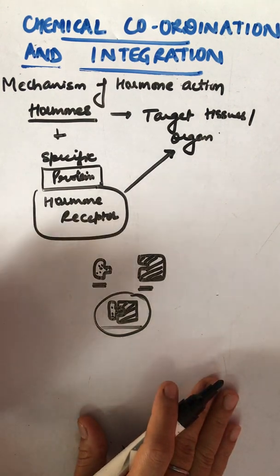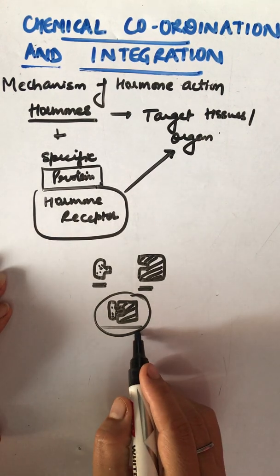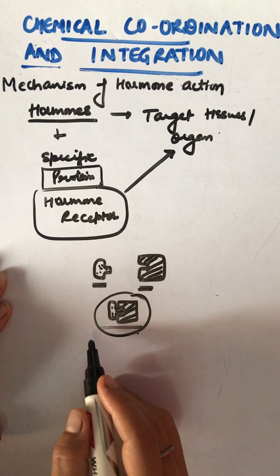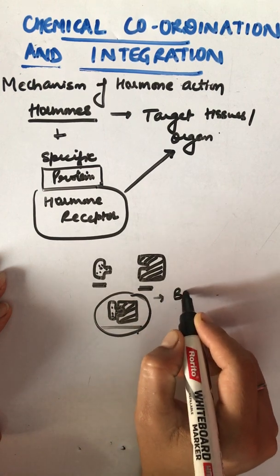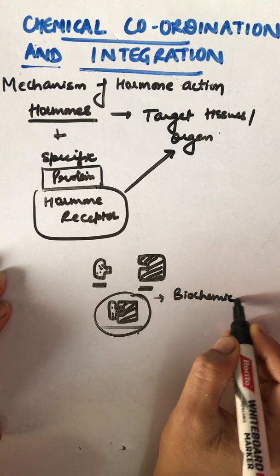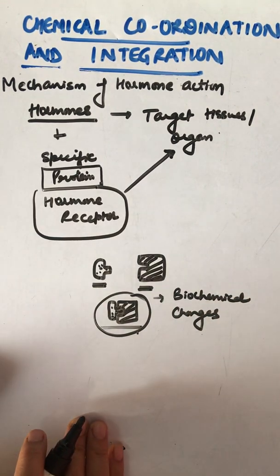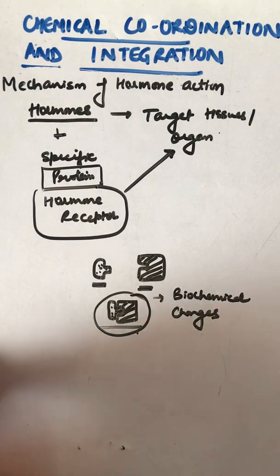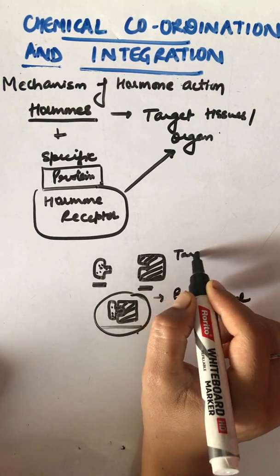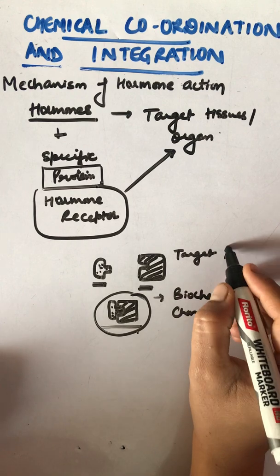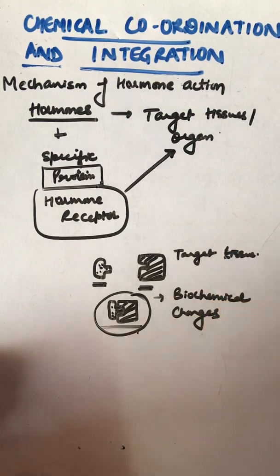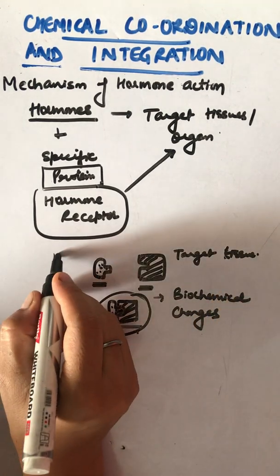When we talk about the formation of hormone receptor complexes, it leads to certain biochemical changes. Biochemical changes. Where? In the target tissue. This is our target tissue, and this is our hormone.